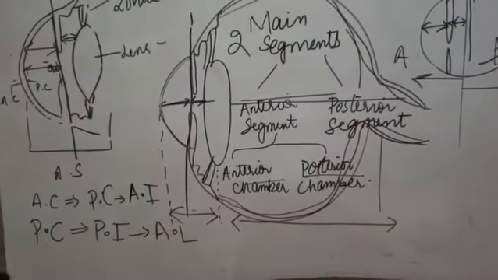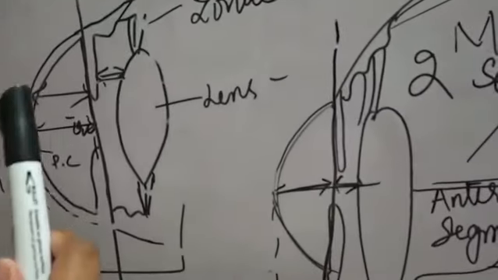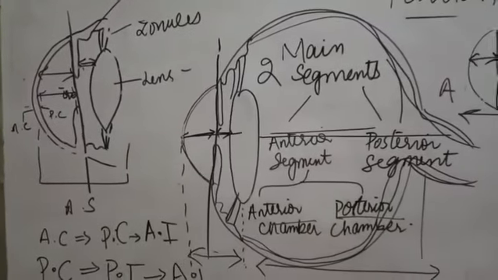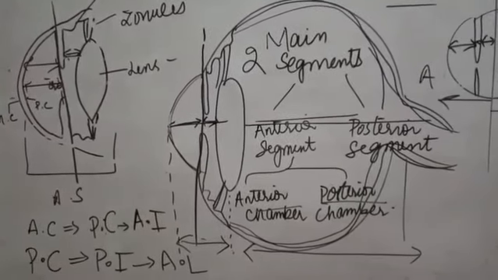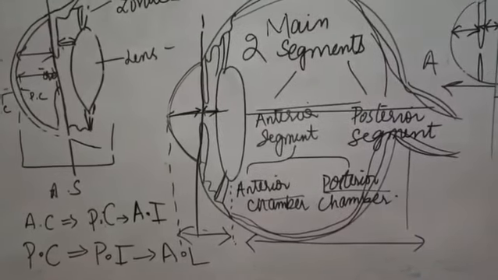The anterior chamber starts from the back side of the cornea and extends up to the front surface of the iris, while the posterior chamber starts from the back side of the iris and extends up to the front side of the lens.